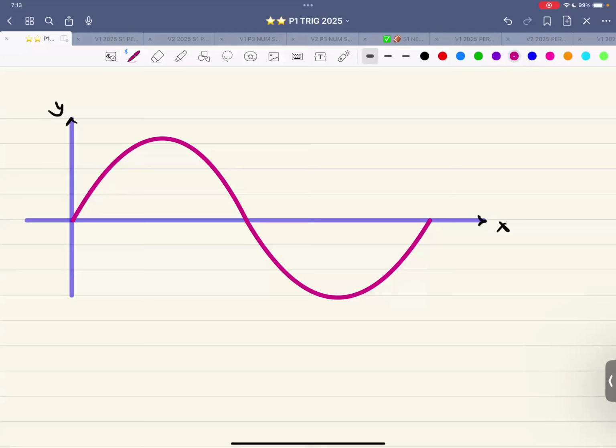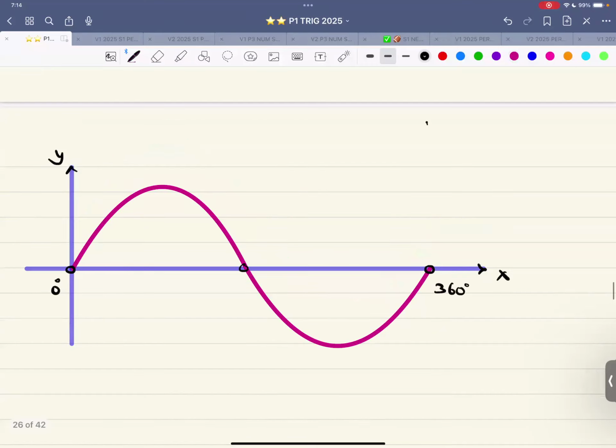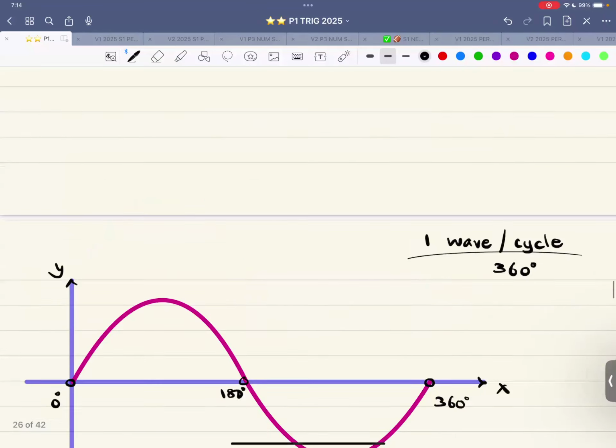Now focus on this. This is 0. This is 180. This is 360. This is called one cycle. So this one wave is called one cycle, and it takes 360 degrees to complete its path. At 0, it's 0. At 180, it's 0. At 360, it's 0.